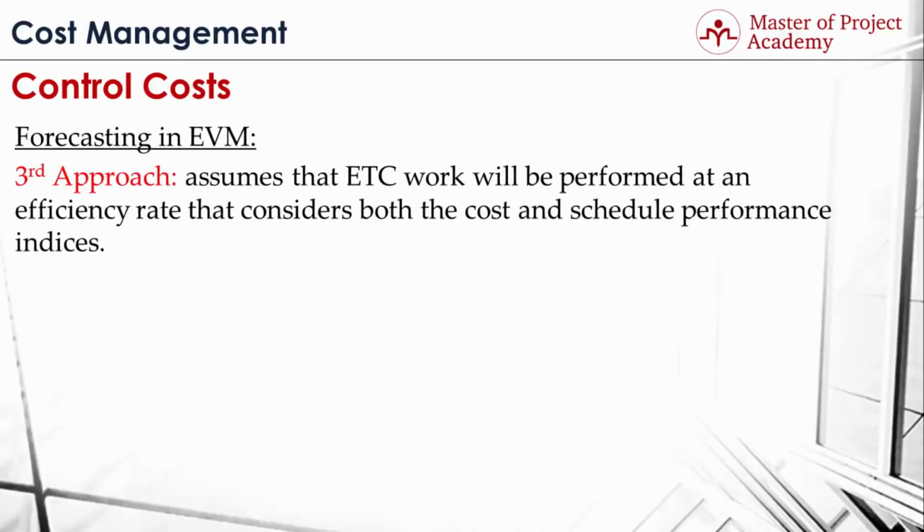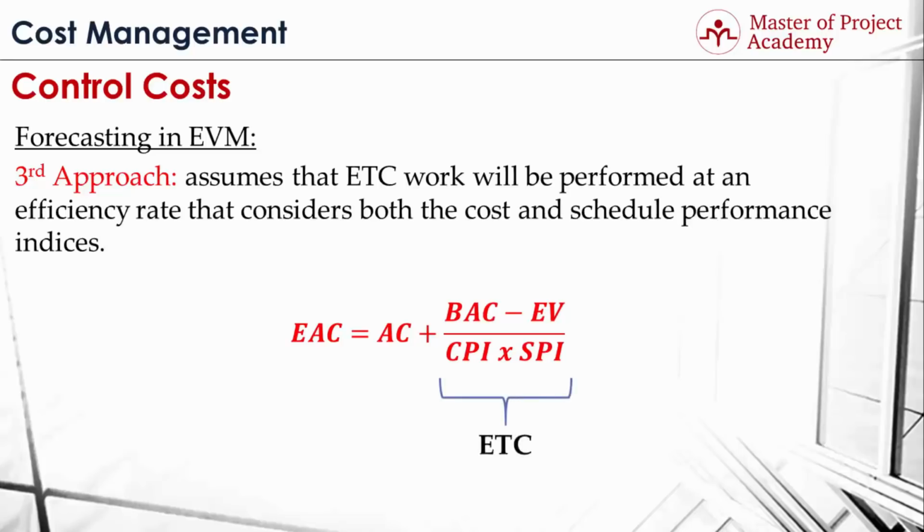The third approach of estimate at completion calculation assumes that estimate to complete work will be performed at an efficiency rate that considers both the cost and schedule performance indices. The formula for the third approach is as you see in this slide. Actual cost is summed up with the estimate to complete value, which is calculated by using budget at completion, earned value, CPI, and SPI.